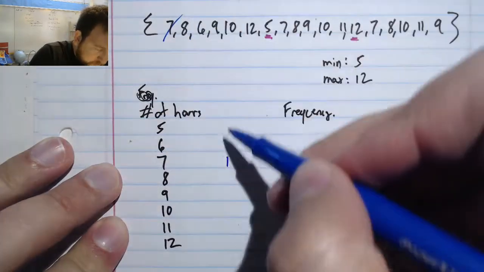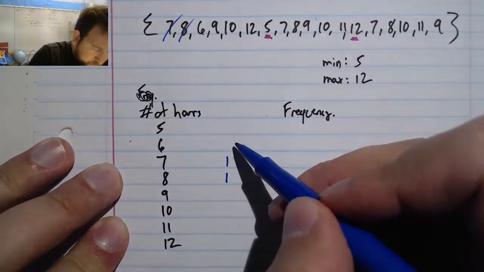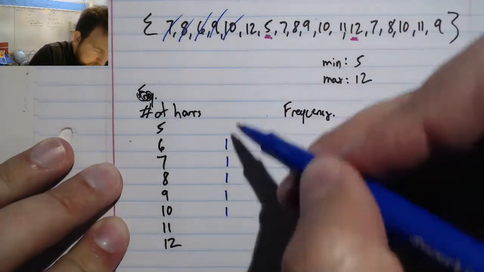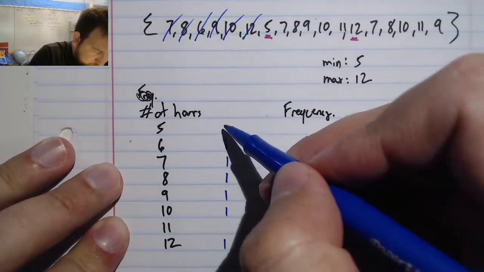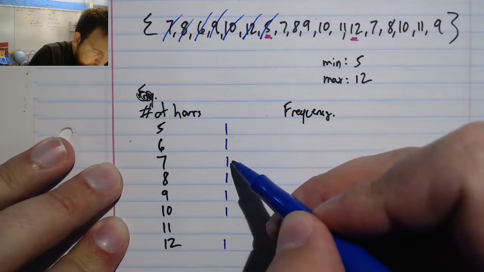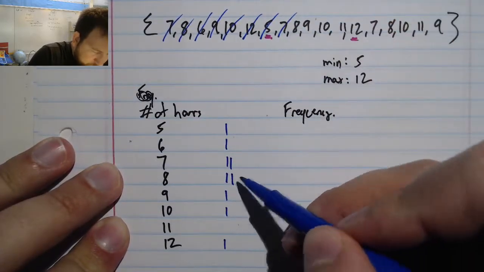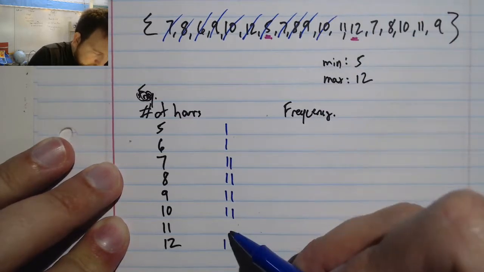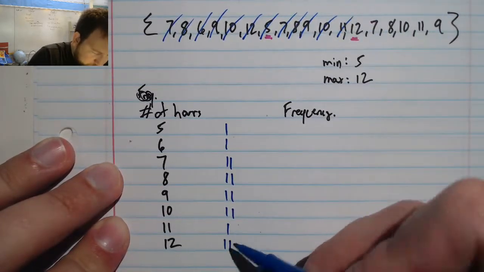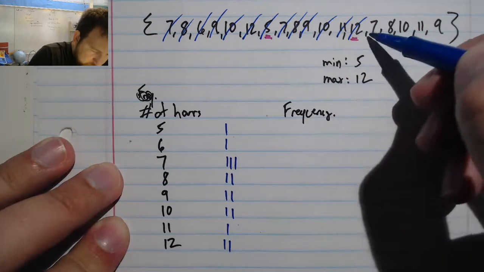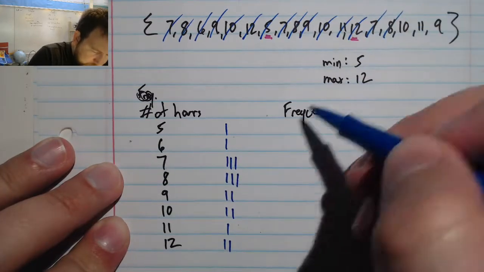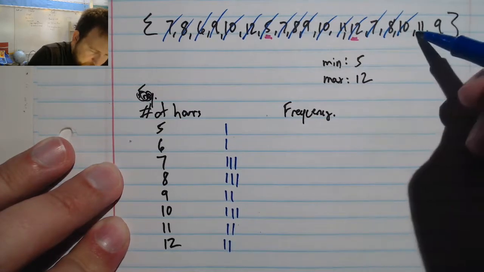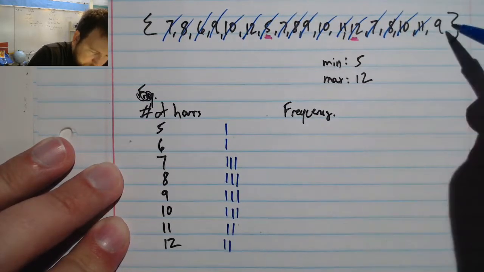So I have 1, 7. I have 1, 8. I have a 6, I have a 9, 10, 12, 5, 7, 8, 9, 10, 11, 12, 7, 8, 10, 11, and 9.